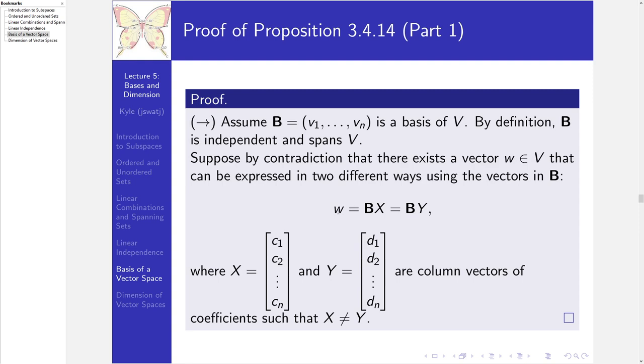So we can rewrite W as B times x and B times y. This is just vector multiplication with a list of constants c1 to cn, d1 to dn, such that these two are not equal. So this is just a condensed way of writing out two linear combinations being equivalent.